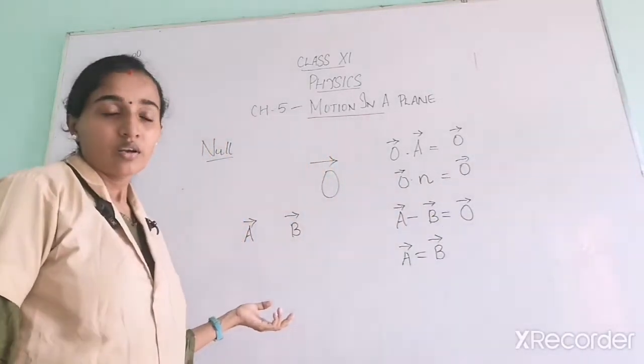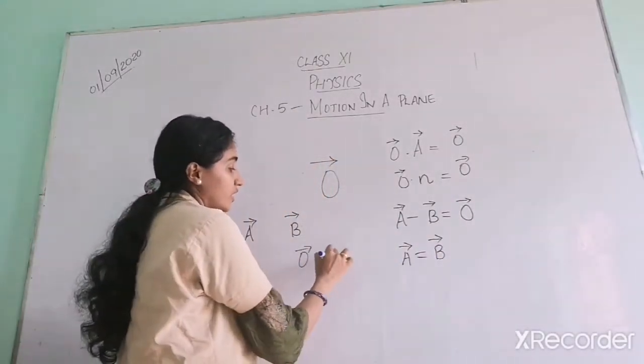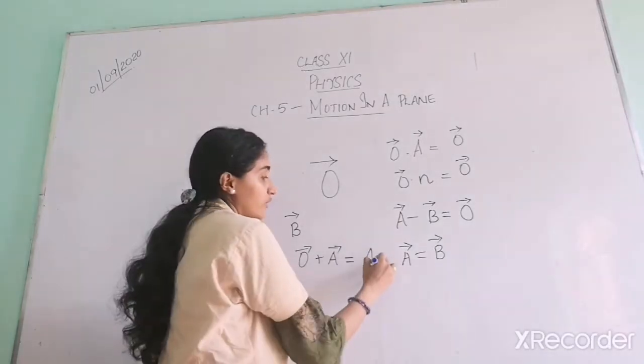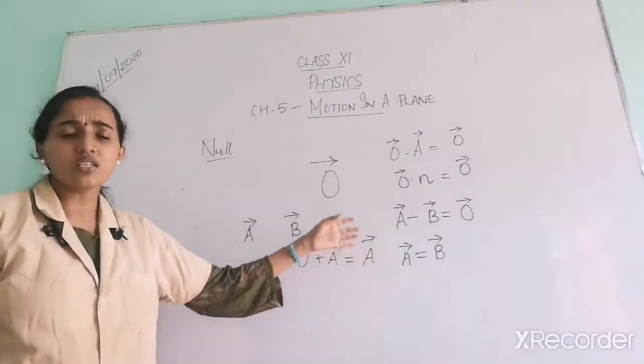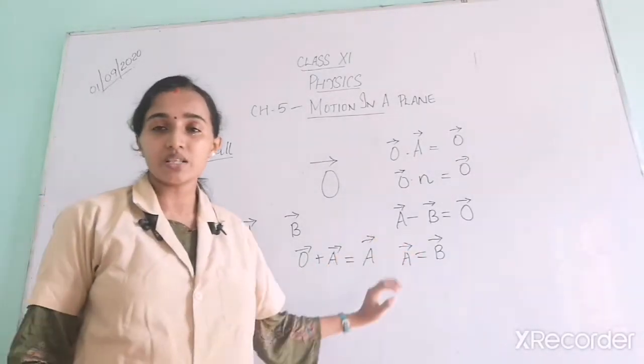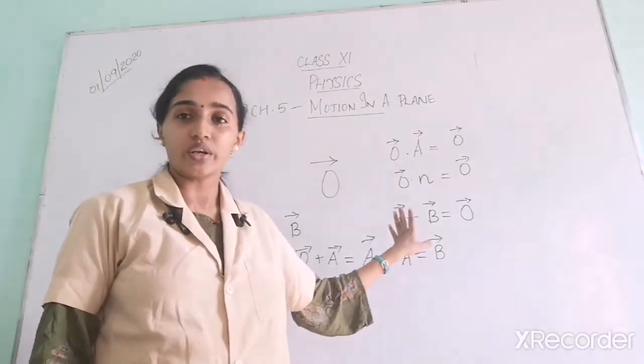Again, if you add a zero vector to a finite vector, you get that finite vector itself. So these are the same basic things we do with 0 plus 4 in simple mathematics, and the same thing is followed by a null vector or a zero vector.